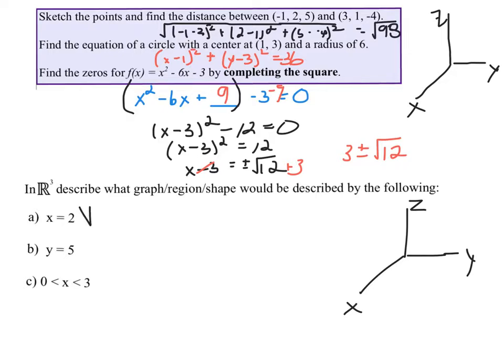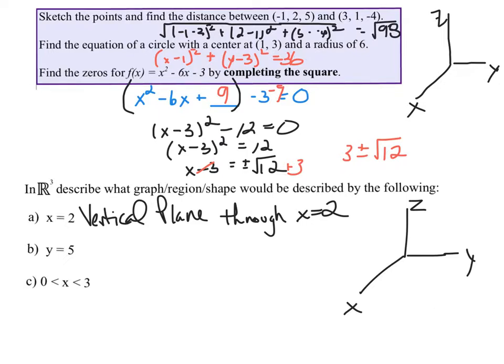So I'm going to write a vertical plane through x equals 2. All right. The next one, y equals 5. So again, we go out along 5 units in y, and we would create this giant plane through y equals 5.